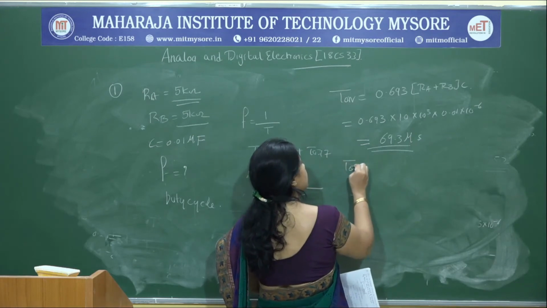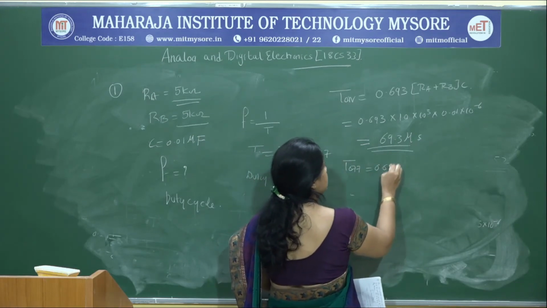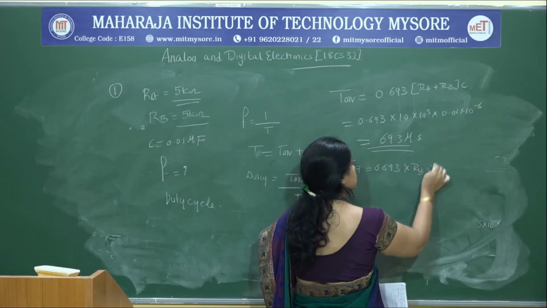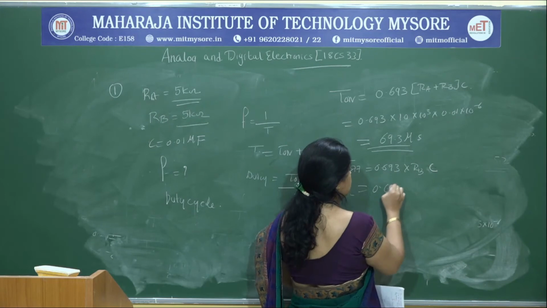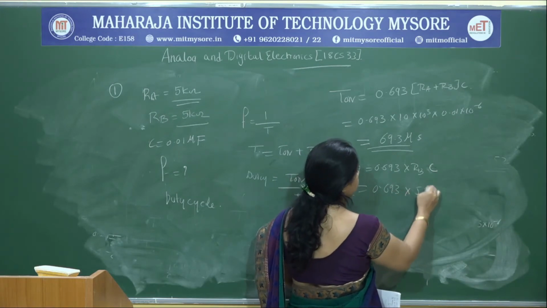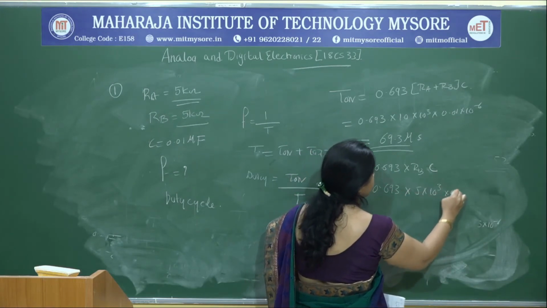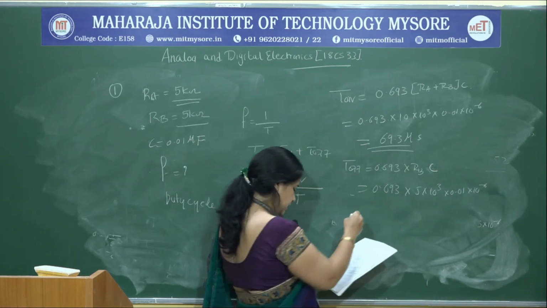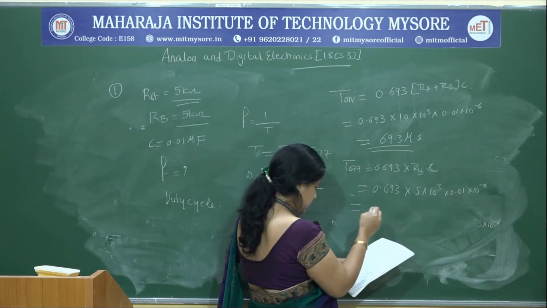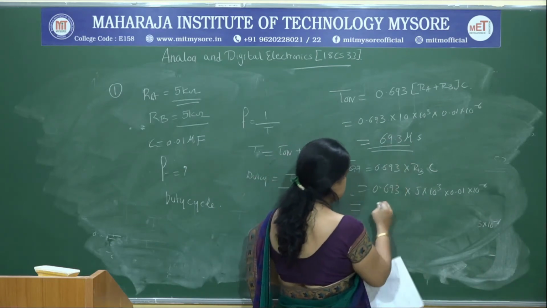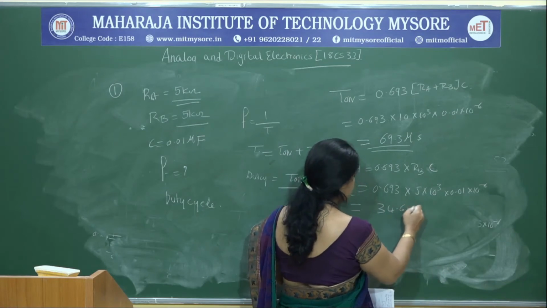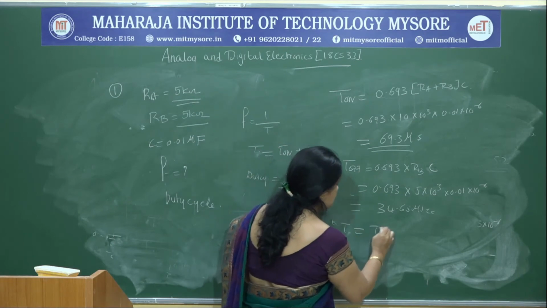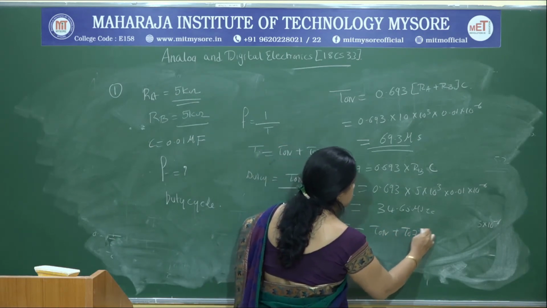and similarly off time is 0.693 RB into C. So, 0.693 into 5 into 10 power 3 into 0.01 into 10 power minus 6, you will get half of this, that is 34.65 microseconds, and total time is going to be T on plus T off.